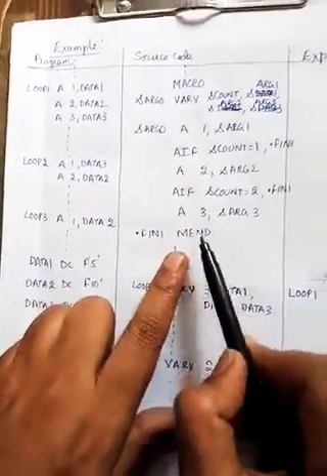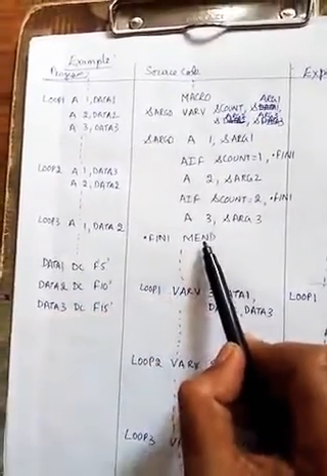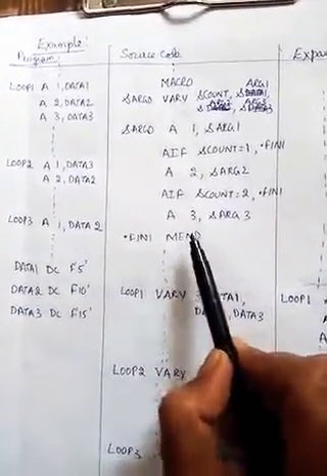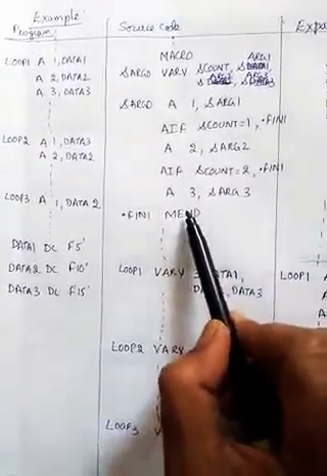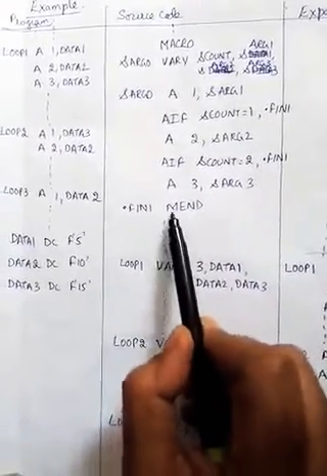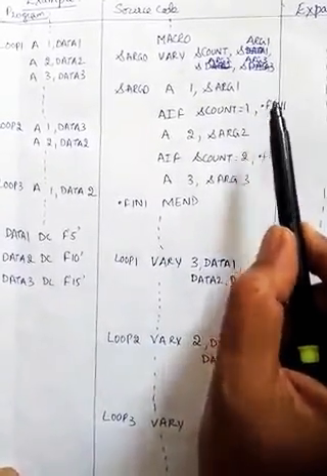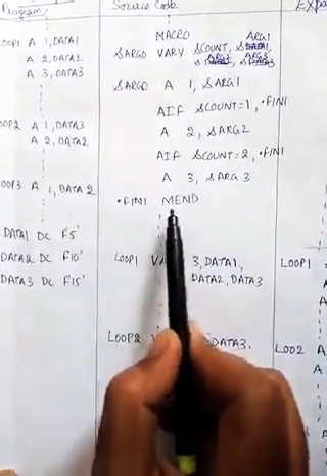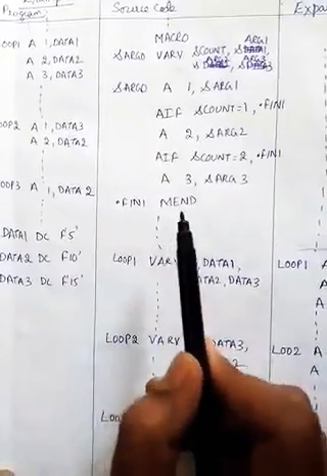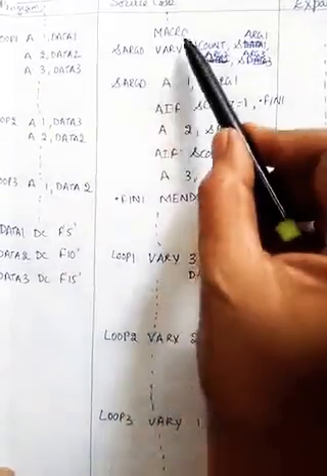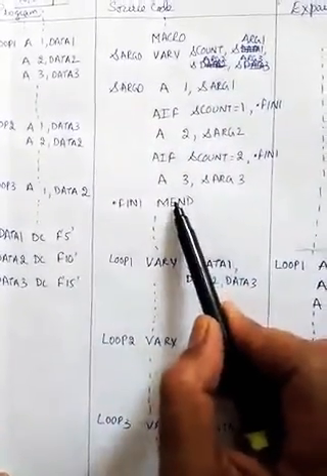Then the third statement. Then I will write the end of the macro definition by using the pseudo-op MEND. Where is the sequence symbol .FINI? It is in the label field of this MEND pseudo-op. So now this is your macro definition.